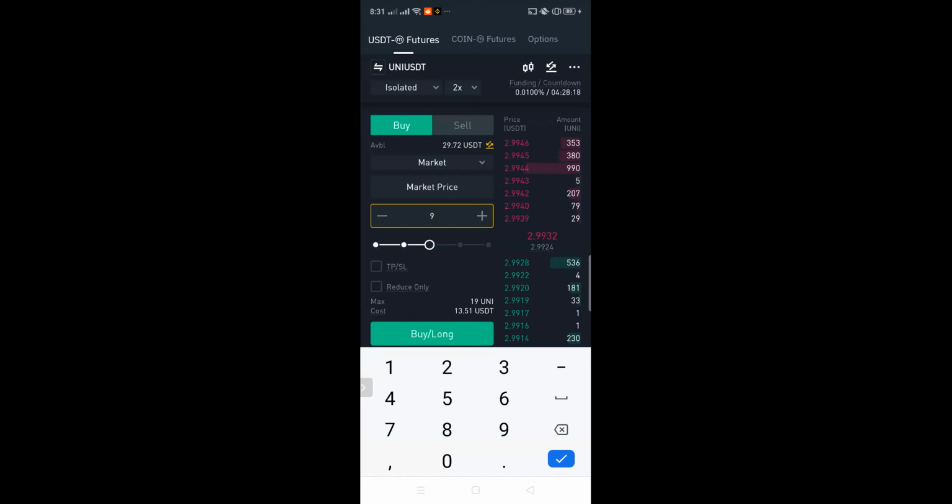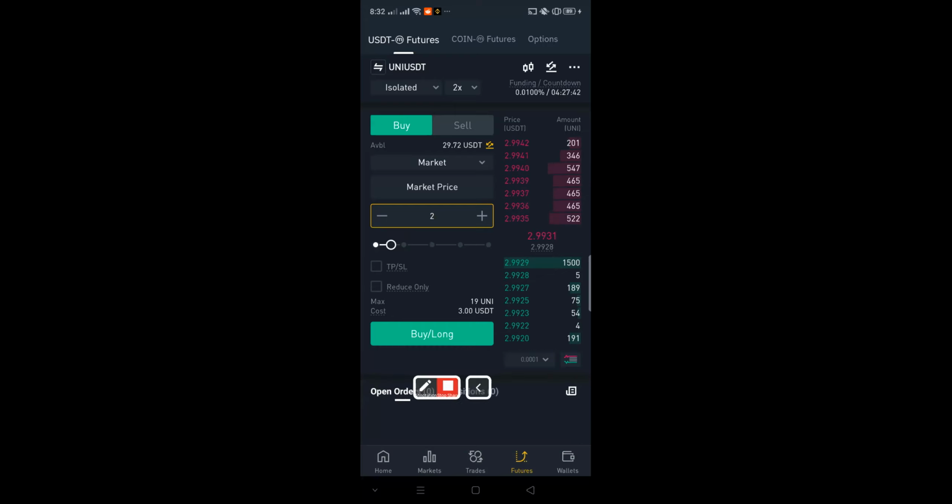So when you are picking your trade and your percentage, it must be within $10. So at your 10% or 5% should be $10 and above. If I'm picking 15%, you can see that the amount of money I'm using to trade is less than $10. So it will not execute.